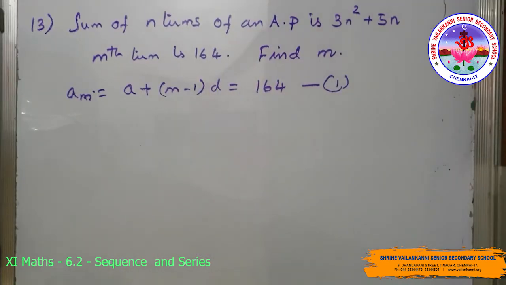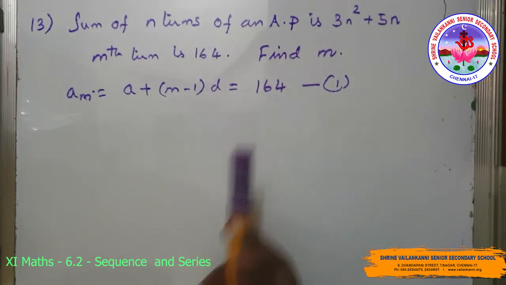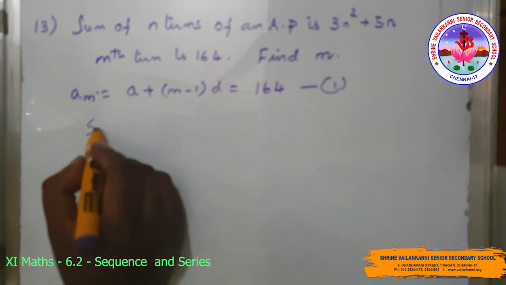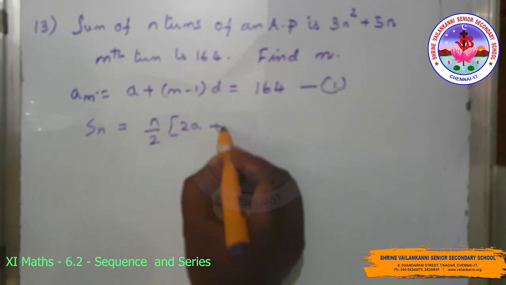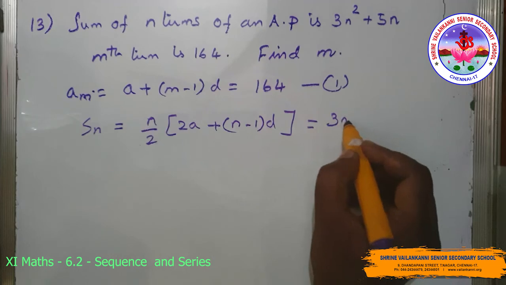13th one. If the sum of n terms of an AP is 3n square plus 5n and its mth term is 164, find the value of m. So the mth term is 164. So a_m is a + (m - 1)d, which is equal to 164. The sum of n terms of an AP is 3n square plus 5n. So S_n = n/2 [2a + (n - 1)d] = 3n square plus 5n.